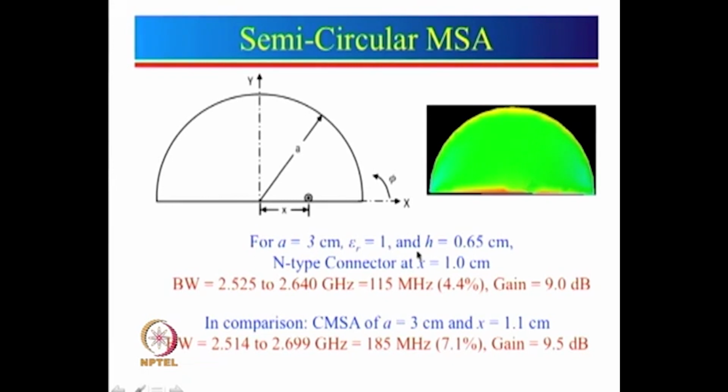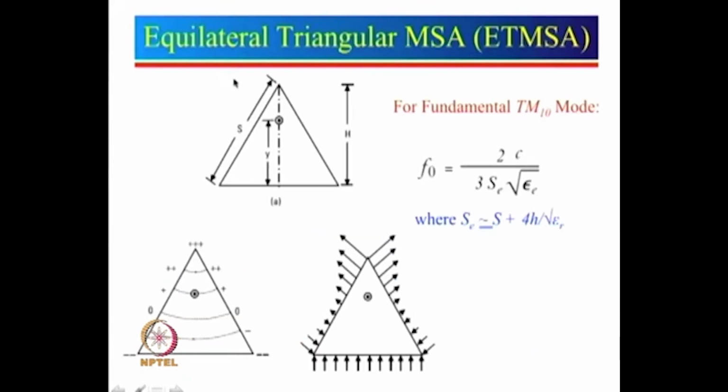Okay, now we will go to the next configuration, which is an equilateral triangular microstrip antenna, ETMSA. Again here, several modes are possible. We will look now only at the fundamental mode, which is the TM10 mode. I will explain where is 1 and where is 0, but let us first look at the equilateral triangular geometry.